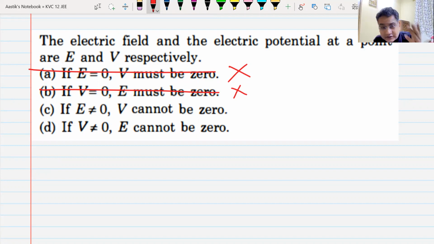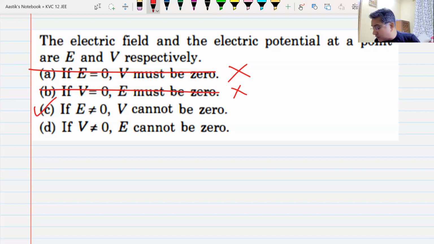Can V be 0 when electric field is there? Yes, it can be 0 as well. That means this option is wrong. If you can find any one case where this option is not valid, the option cannot be correct. Must be and cannot be are different language. You just have to find one case where it is not valid.